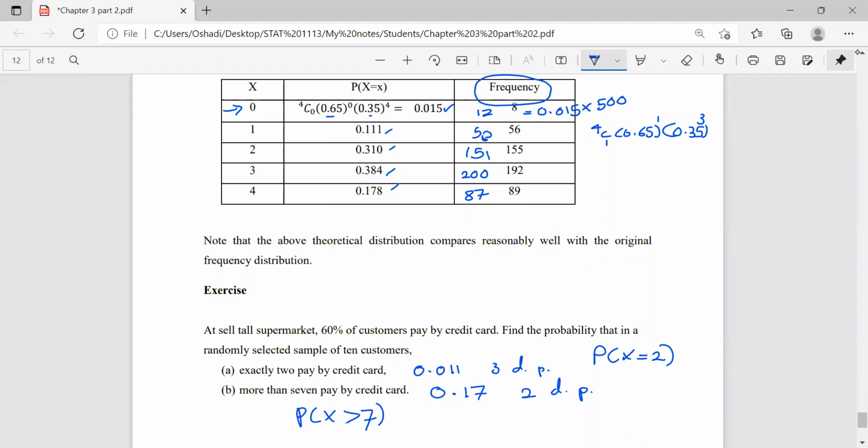So now we have learned 3 probability distributions, and in the next part, we are going to learn the geometric probability distribution and negative binomial distribution. This is the binomial. So in the next part, we learn geometric distribution and negative binomial distributions.